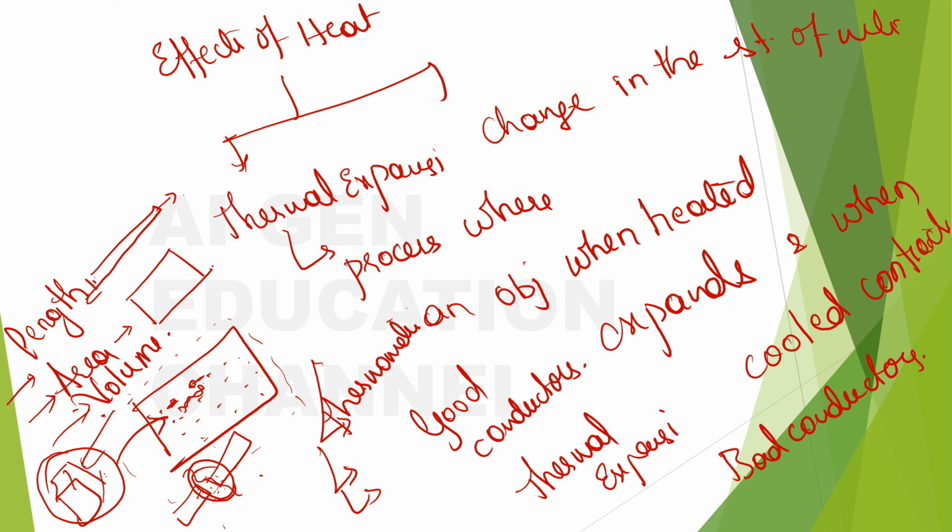So to not allow this sort of breakdown or cracks appearing on the tracks, it is so common that we can see some amount of gap in the railway tracks, right? So here we have used this concept of thermal expansion to make the railway track work properly, right?